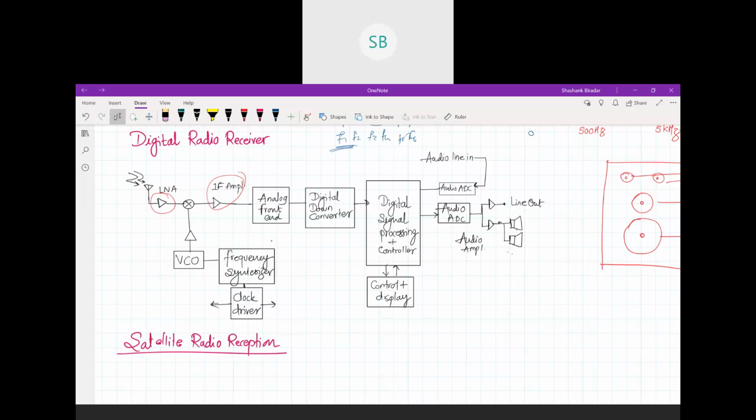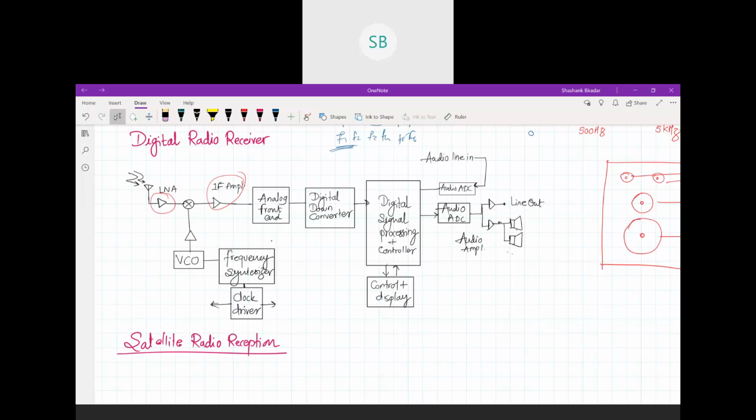The satellite radio service is intended to be used by various users, and it has several advantages, right? The thing is, what frequency band is used for satellite radio reception?